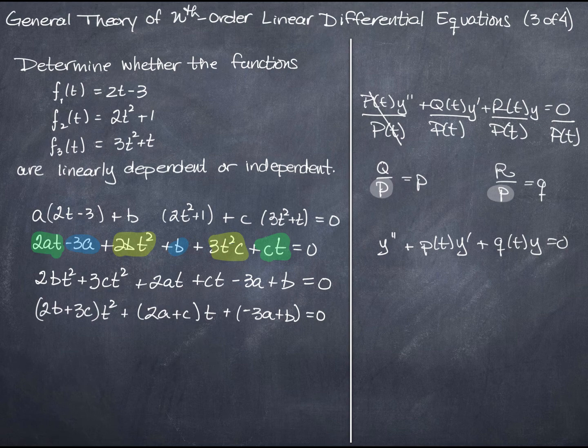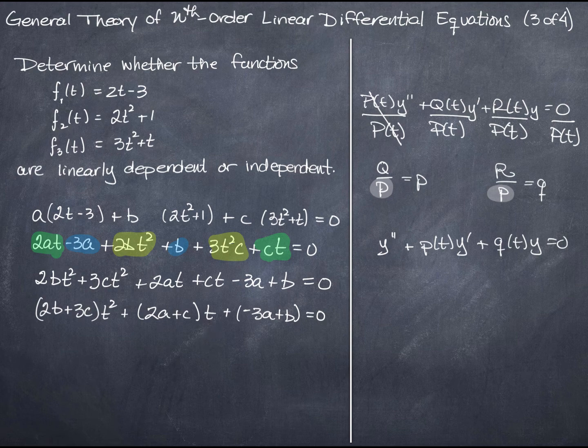So what I need to do here is figure out how all 3 of these can be 0 if, again, what I'm looking for is the values for A, B, and C, but it doesn't matter which values I use for t. So let's just choose some nice random values.